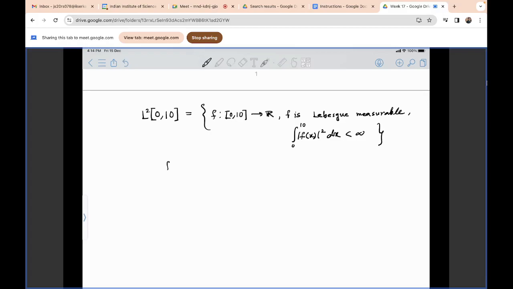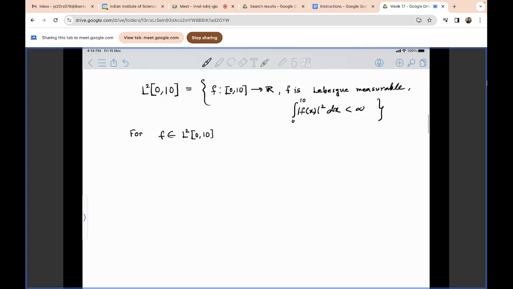And for any function in this space, how will you define the norm? The norm of f equals the integration from 0 to 10 of mod f(x) square dx, to the power half.